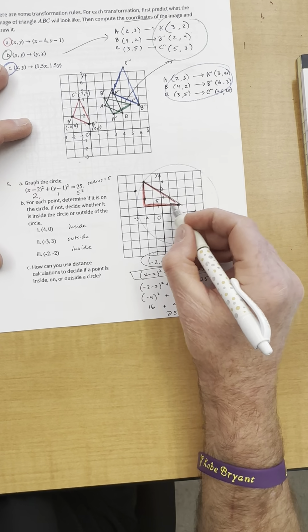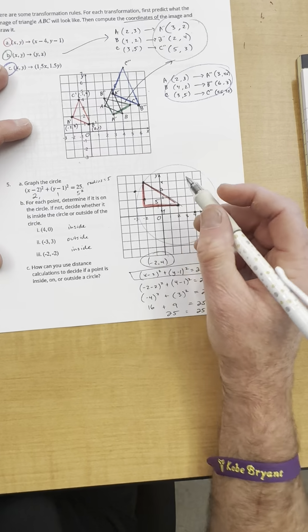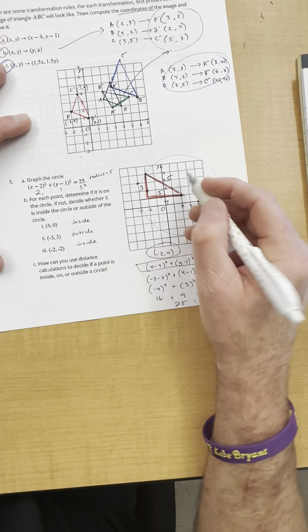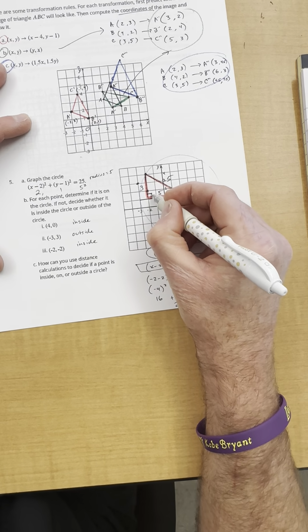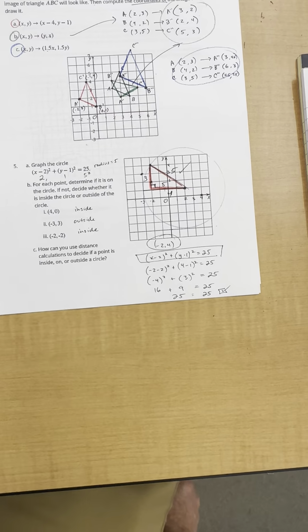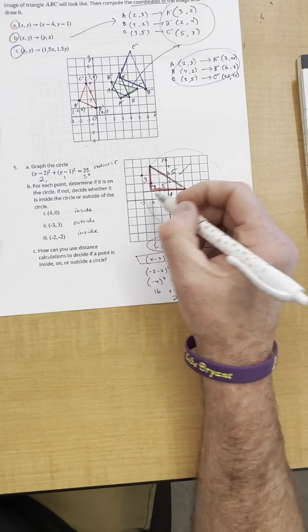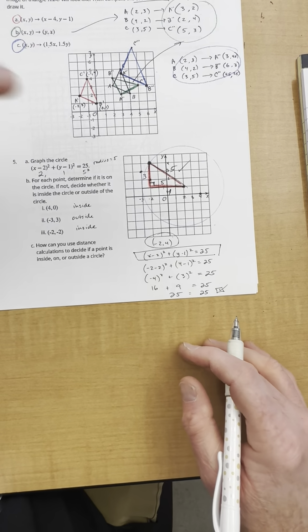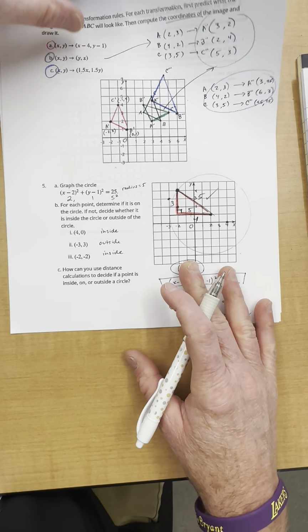But you just count them: 1, 2, 3, 4. 1, 2, 3. And that's a 3, 4, 5 right triangle. So yep, negative 2, 4 right here is on the circle. All right, number of ways you can figure those out.